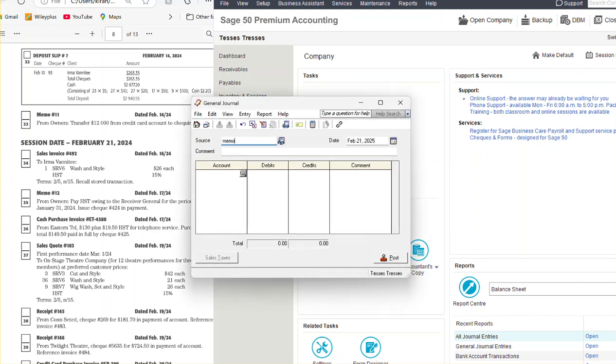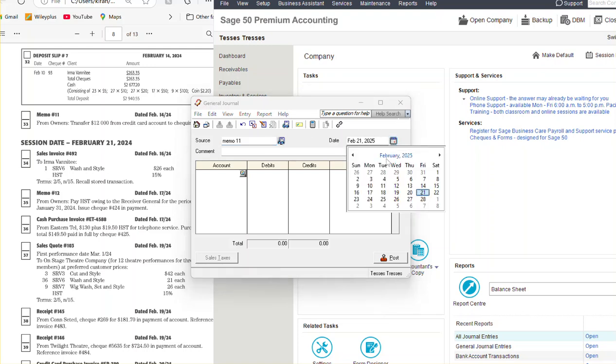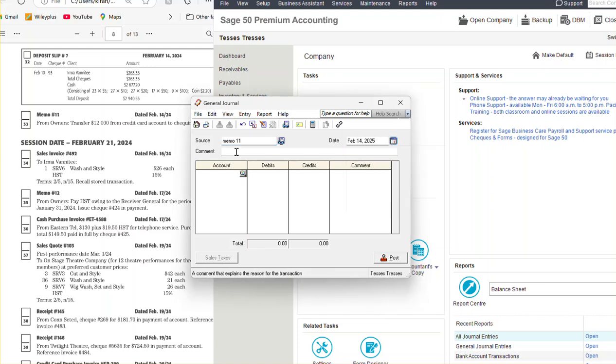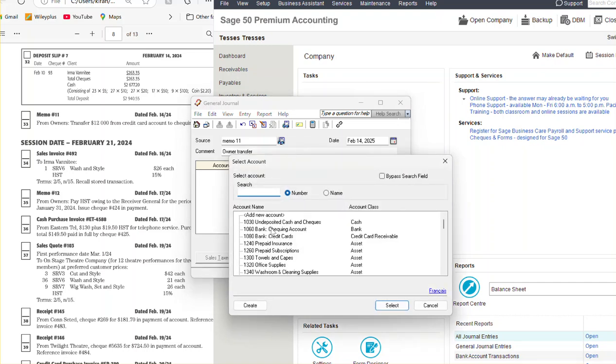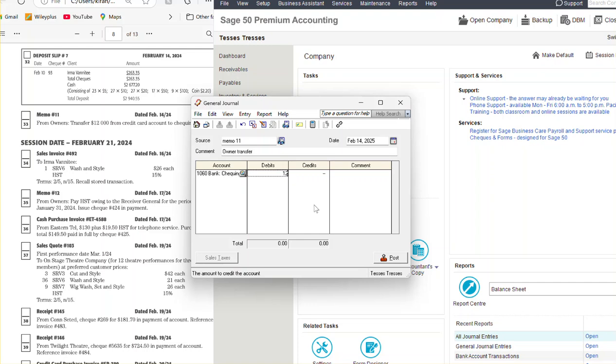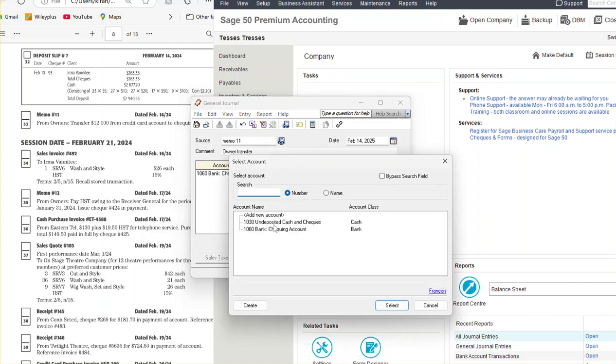I am going to memo 11 because I wanted to do it in date order. This is 14. It is owner transfer. I will debit my cash account. Debit my cash account for the money is 12,000, and I will credit my withdrawals.